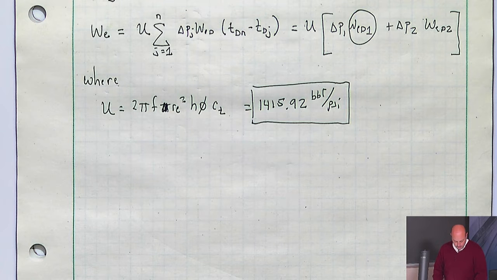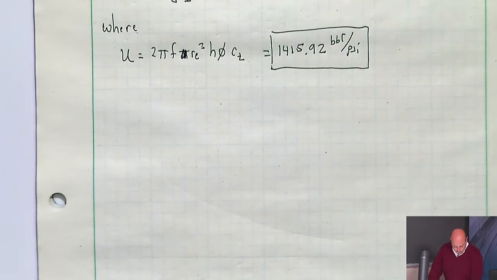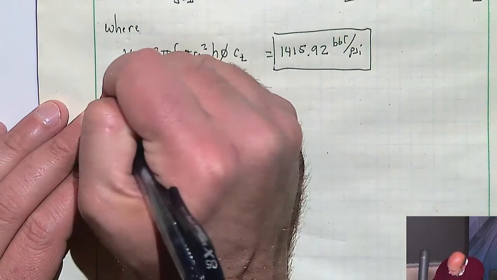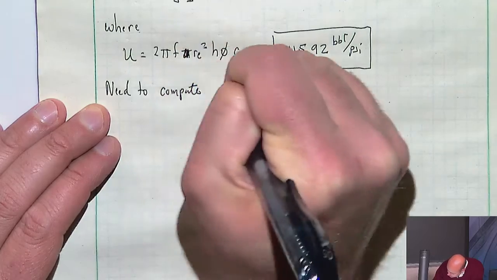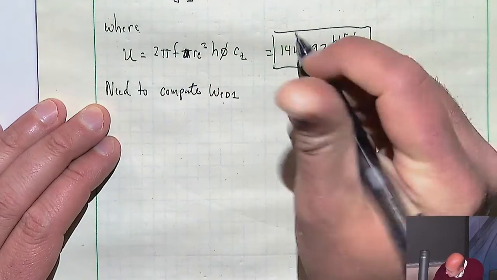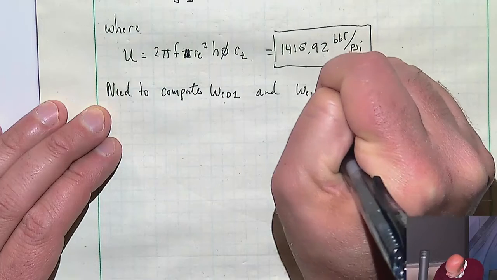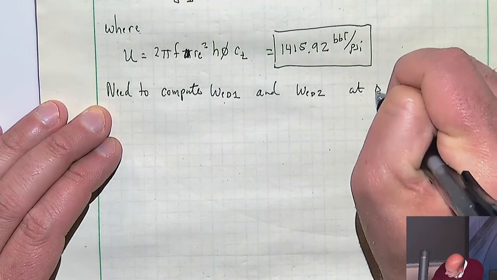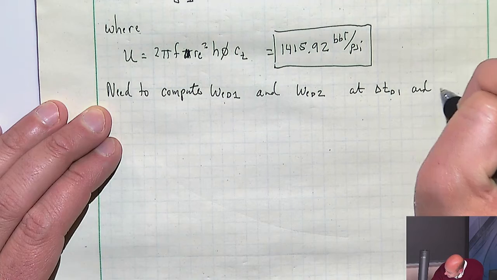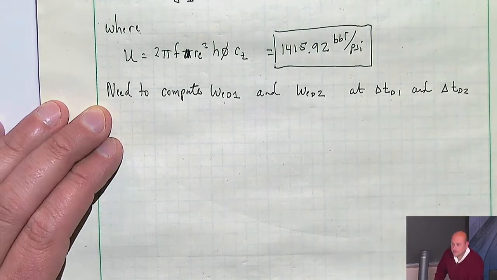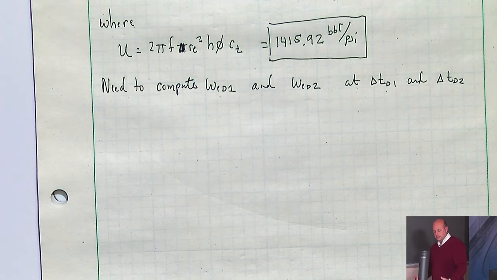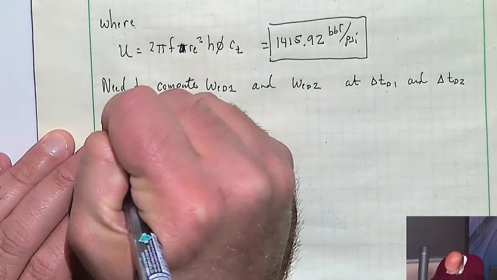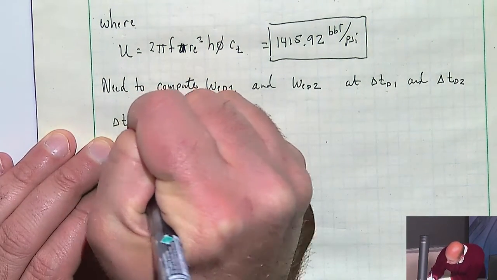And we need to compute WED1 and WED2 at delta TD1 and delta TD2 respectively. Okay, so in order to do that, we're going to need to calculate delta TD1 and delta TD2, where delta TD of J, right?